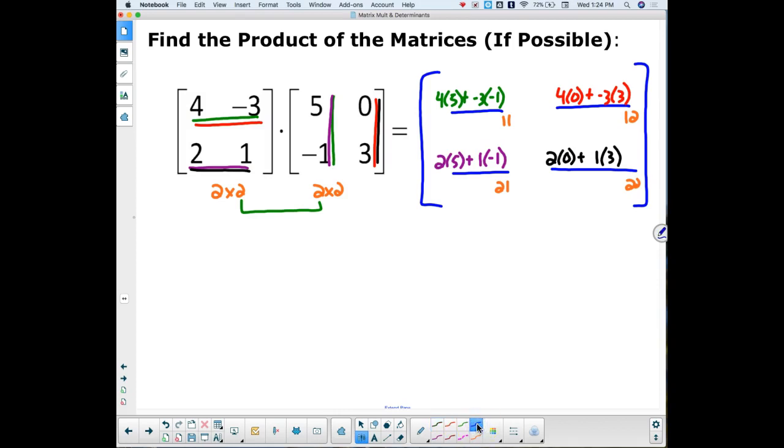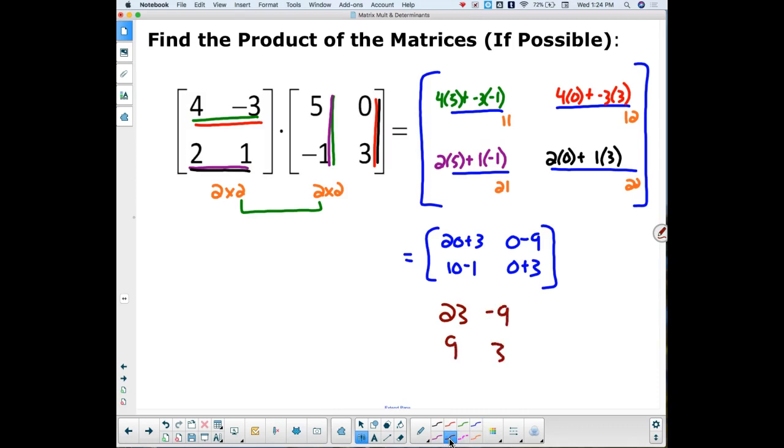So 20 plus 3, 0 minus 9, 10 minus 1, 0 plus 3. 23, negative 9, 9, and 3.